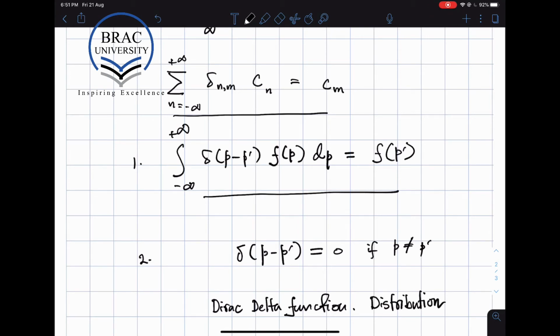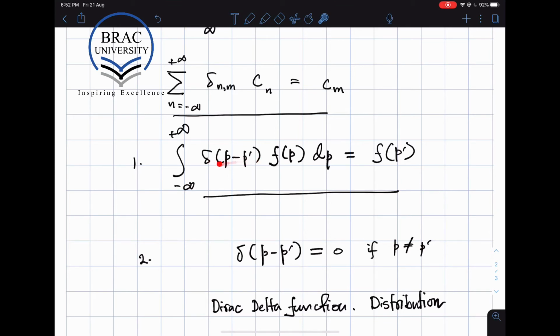So let's think about these properties a little bit. What this function is doing is that it allows you to sample this test function f of p at a single value p prime. This integral doesn't care what the value of f of p is at values of its argument other than p prime, and this is what this is saying, that the function needs to be 0.